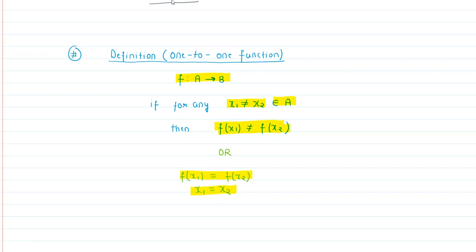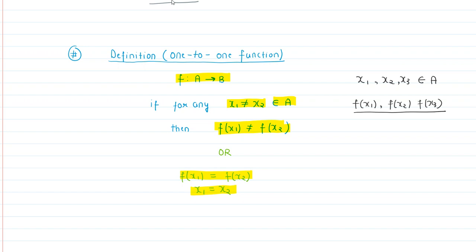Which basically means that for every distinct value x1, x2, x3 belonging to the domain, f(x1), f(x2) and f(x3) must all be distinct. That's how we define the one-to-one function.